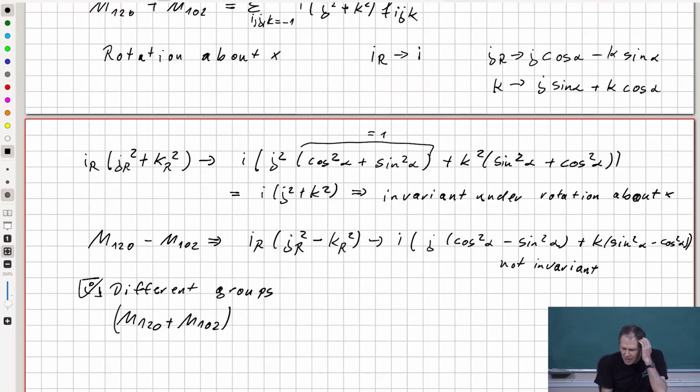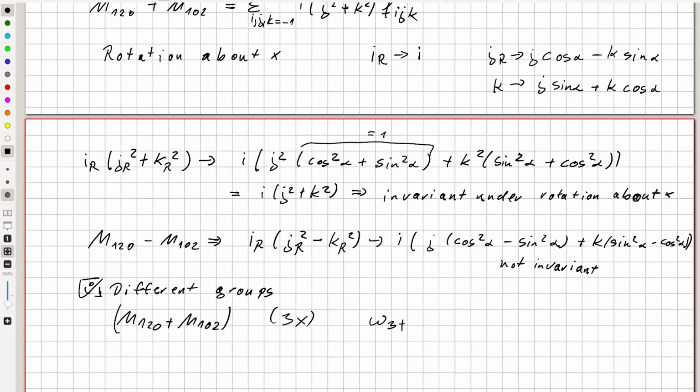The second and third index is different. Of these, there are 3 permutations, and we attach to them the relaxation rate omega 3 plus. And then we have M120 minus M102, of which we also have 3 permutations. And to this we have omega 3 minus.